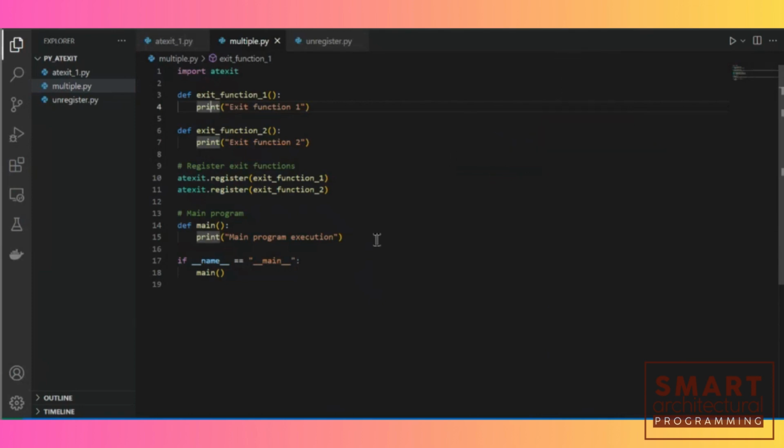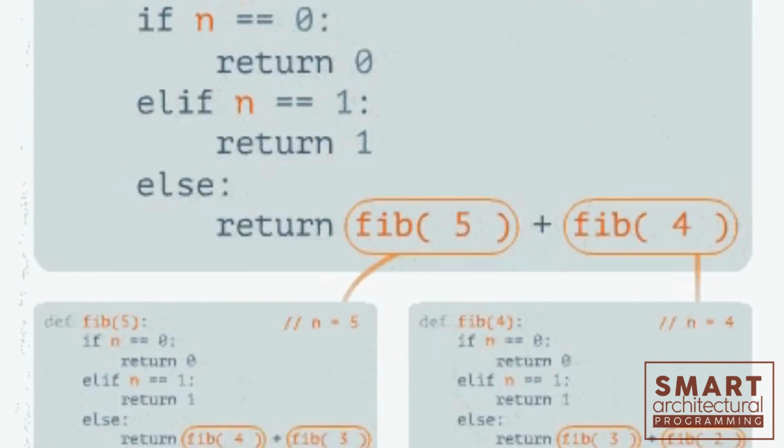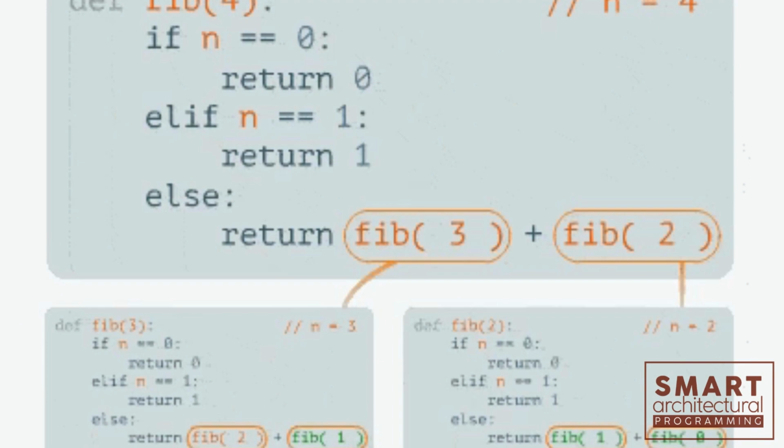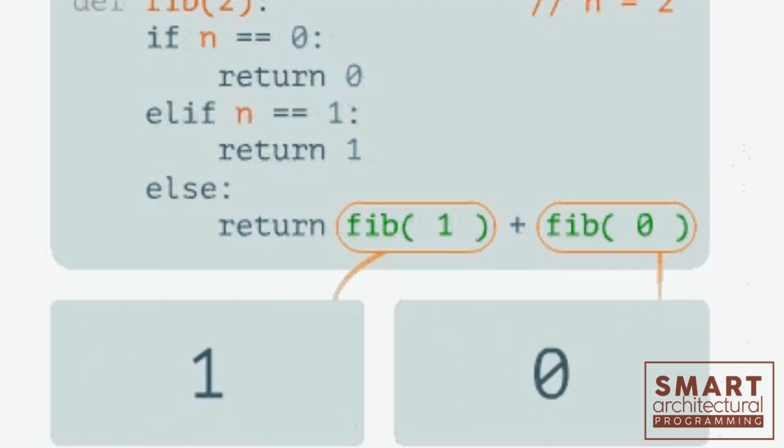Now, here comes the important part. The order of registration is very important to understand the order of execution in exit functions. So if we go into the nitty-gritty of it, we need to understand the exit functions are called in reverse order in which they are registered.